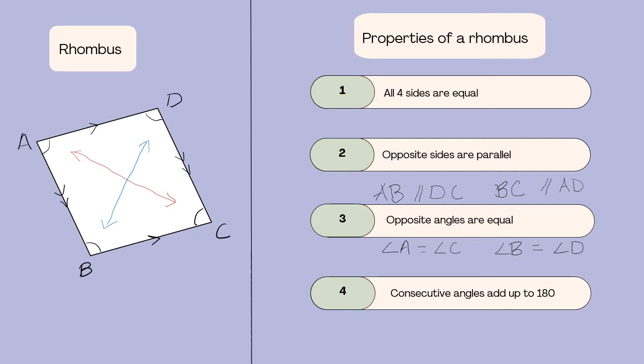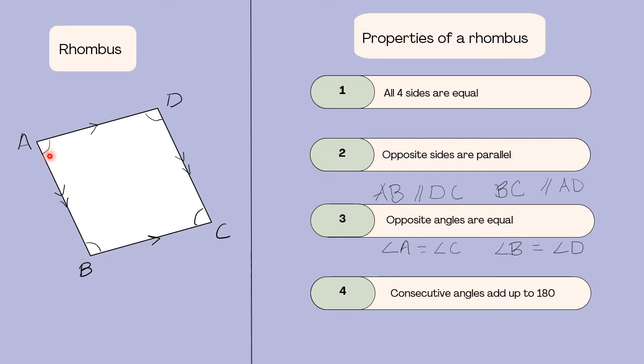So let's just recall what a consecutive angle is. As a shortcut, consecutive starts with a letter C. So if you see a sharp C on two angles, say we're focusing on angle A and angle B, they are consecutive because they make up a sharp C. So when you add these two angles together, they are equal to 180.